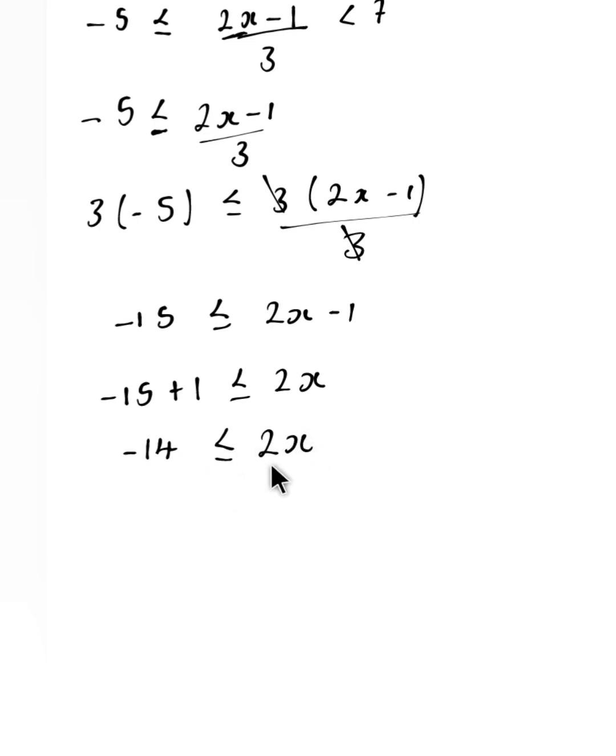At this point, we divide both sides by 2 in order to eliminate this 2 over here. But take note that we are dividing by a positive number, which is 2, so the sign does not need to change. So 2 will cancel 2. We're left with x here. Then minus 14 divided by 2 is minus 7. So this implies that minus 7 is less or equals to x.